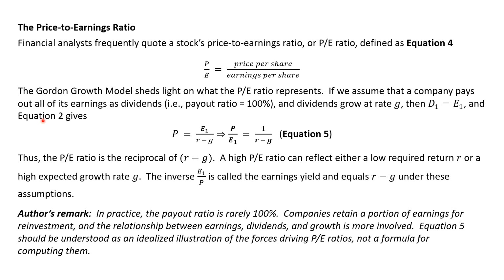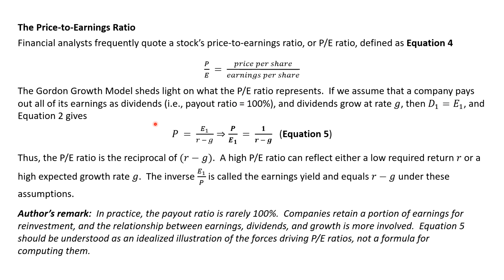If we assume that a company pays out all of its earnings as dividends, in other words, the payout is 100%, which I know isn't typical, since companies normally reserve some money for reinvestment. But under this assumption, the dividends grow at rate G, and dividend 1 would equal the earnings at the end of the first period, assuming again 100% payout.